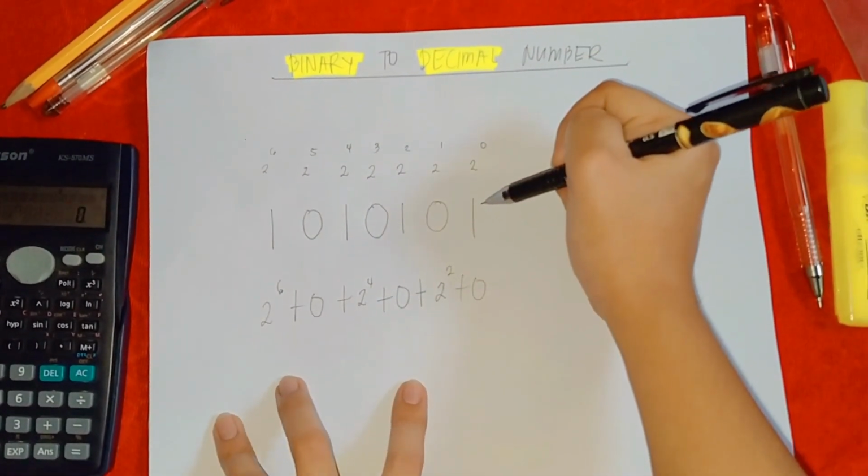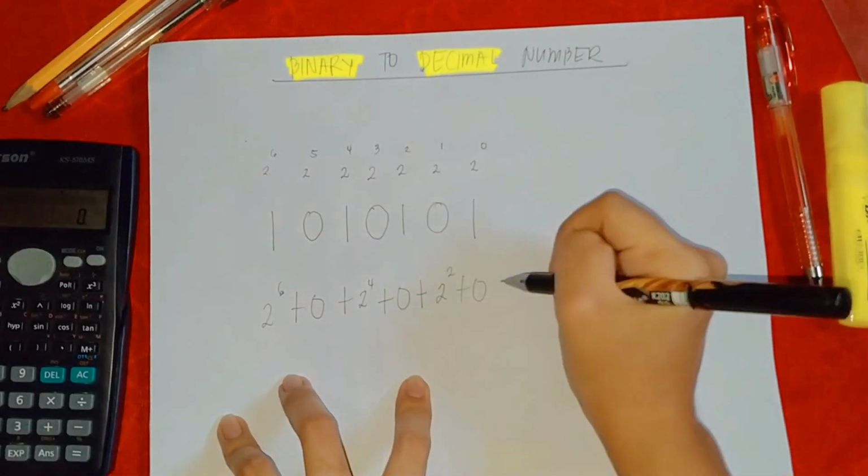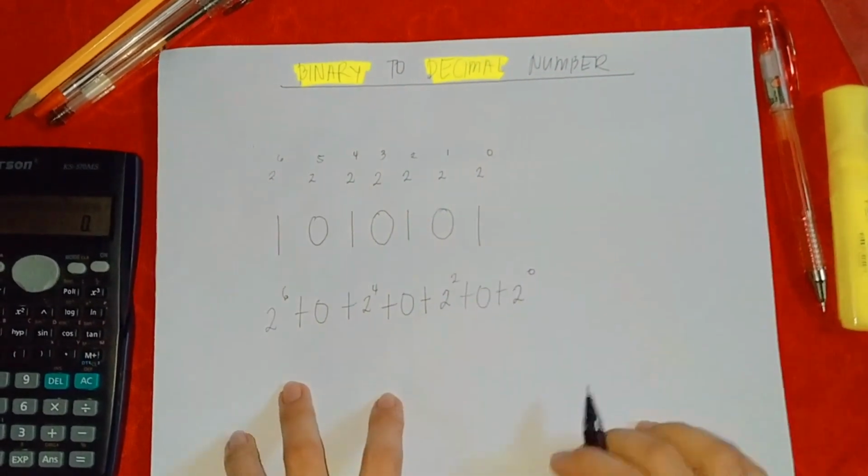And lastly, 1 times 2 to the 0 power is 2 to the 0 power.